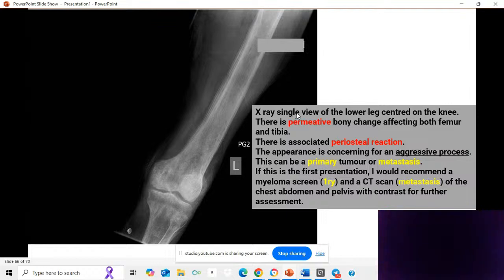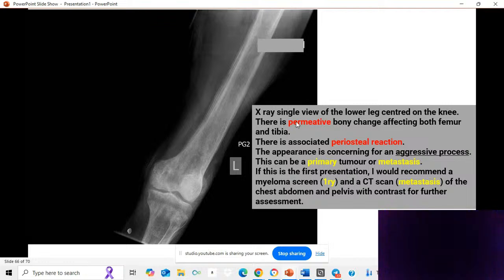X-ray, single view of the lower left leg, centered on the knee joint. Here is the key point.